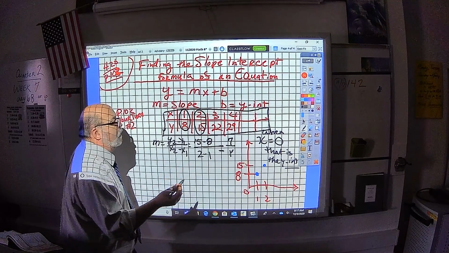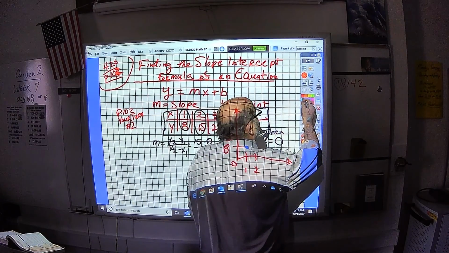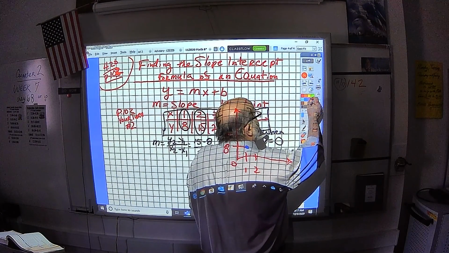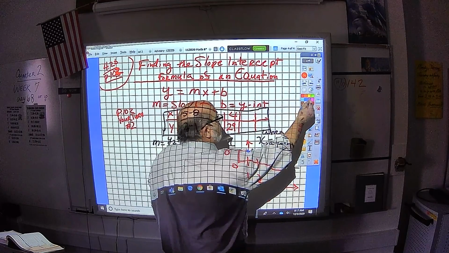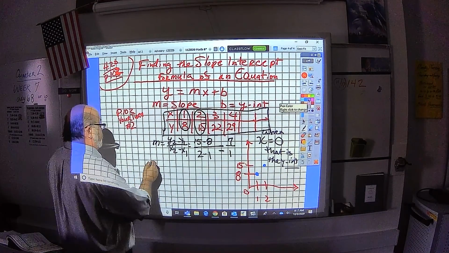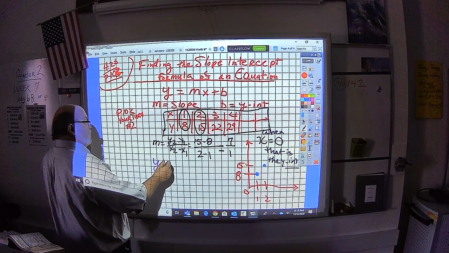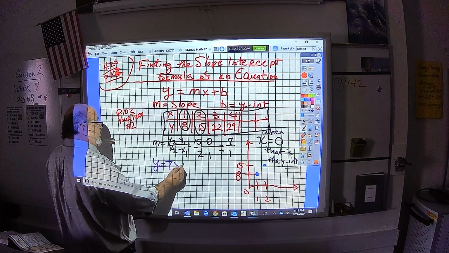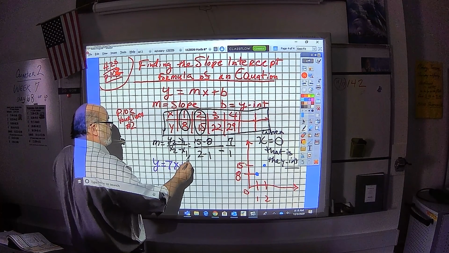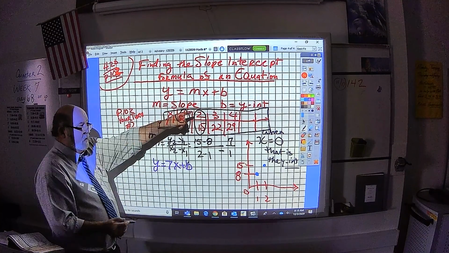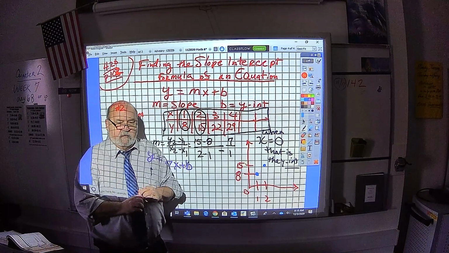So now what I know to be true at this point is y equals 7 times x plus b. I don't know b yet. I don't know what the y-intercept is yet.